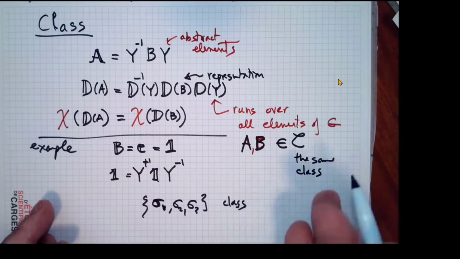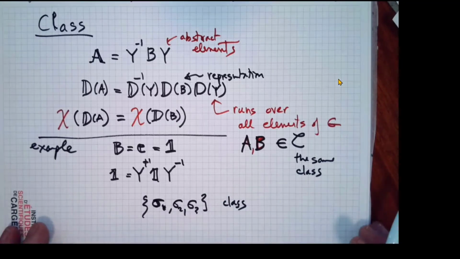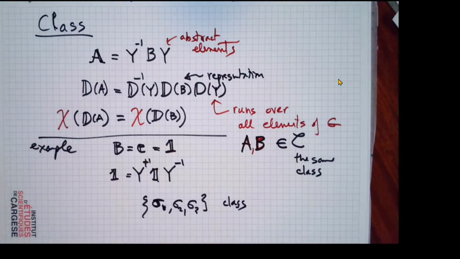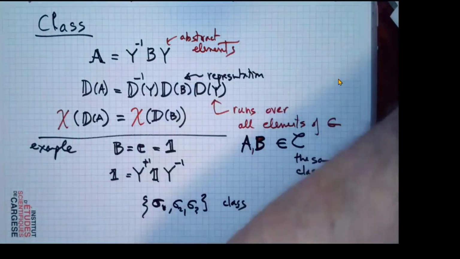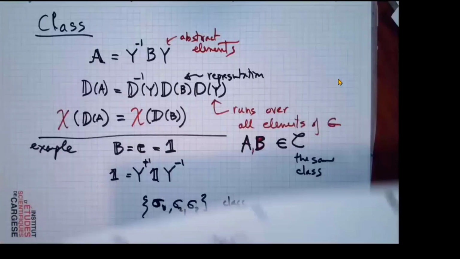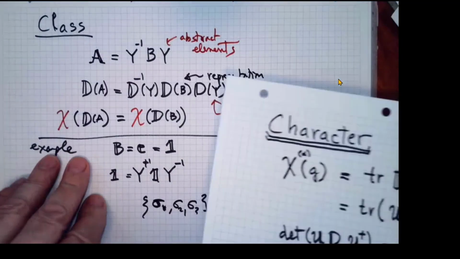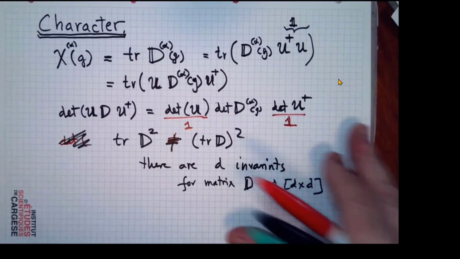And if you flip them, you'll use sigma squared equals 1, and you'll get the same set again. So it's very easy to produce classes on the abstract level, whereas characters are properties of representations. So every group element belongs to a class. And every representation of a group element gives you a character, which is evaluated in that representation.